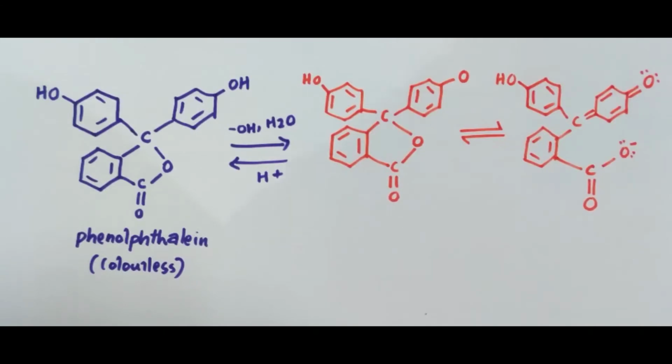Phenolphthalein is a weak acid, used as an acid-base indicator because in acid it is in benzenoid form, and in base it is in quinonoid form.